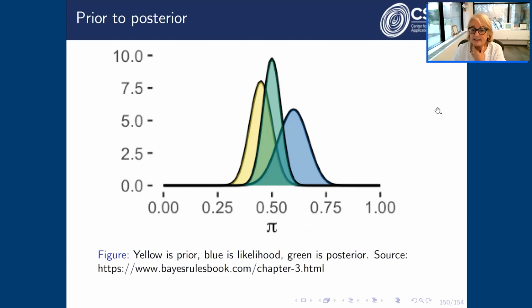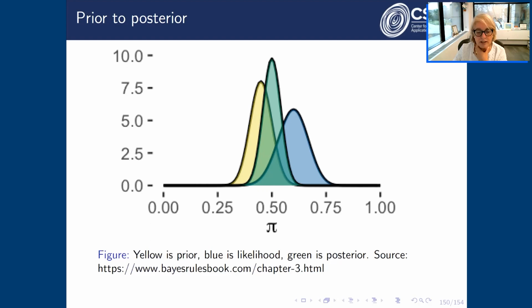So here is an example of the calculations that the Bayesian person might do. This is values of pi, and you might start with a prior that looks like this yellow distribution over here. So this might be your prior. And what this is saying is, I think that pi is about 0.45 or something along those lines, because this is where the mean of that distribution is and the most likely value is.